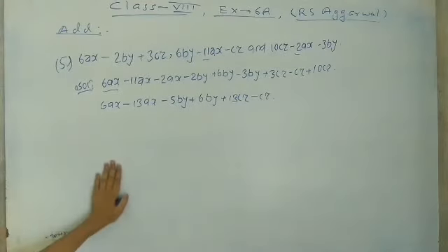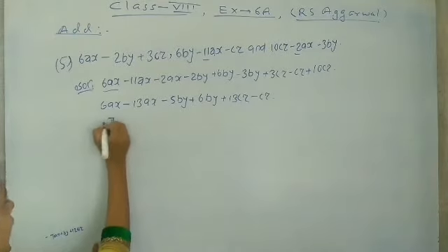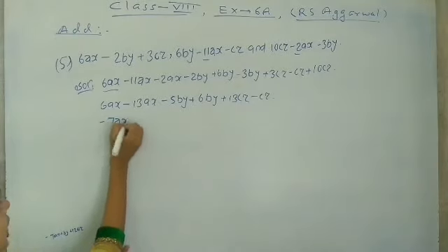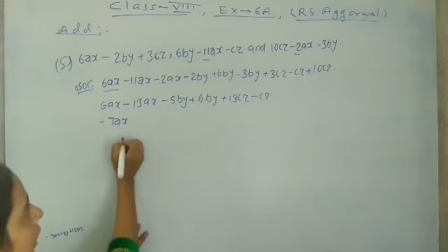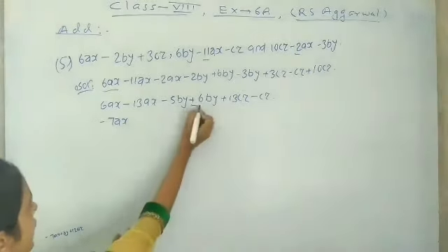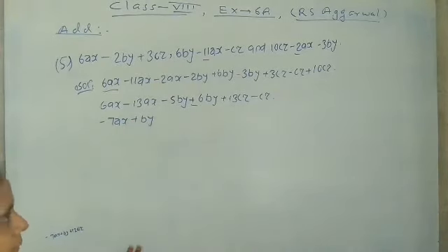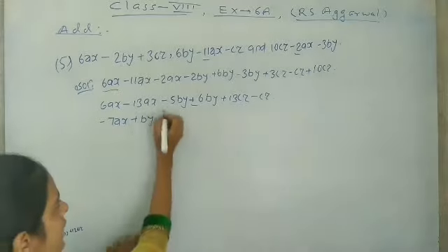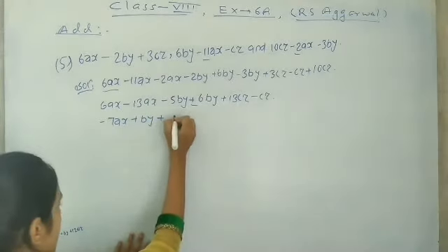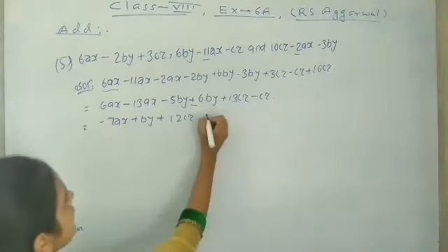So here plus minus minus, so here will be 7, minus sign is greater, so minus 7ax. And minus plus minus, so plus sign is greater, so plus by. And plus minus minus, but the sign of plus is greater, so plus 12cz is our right answer.